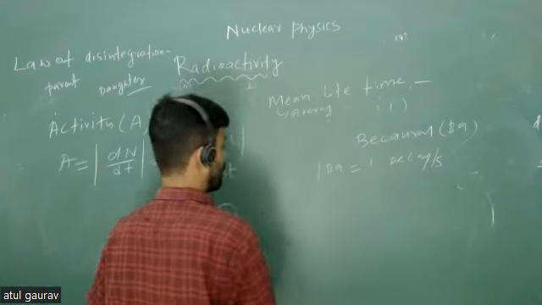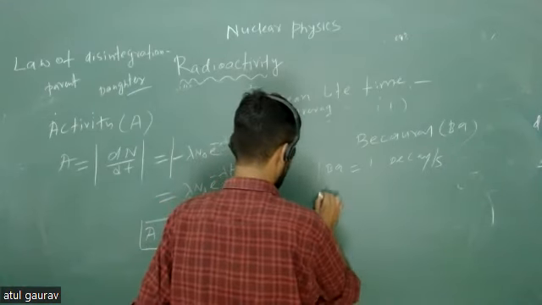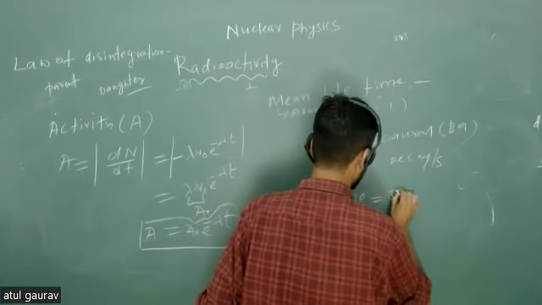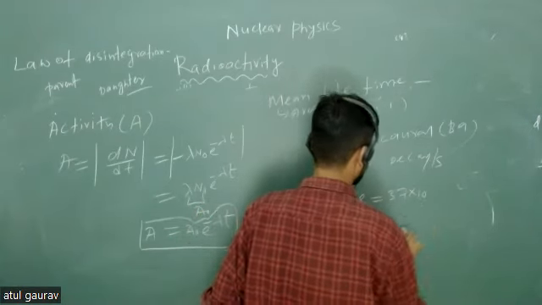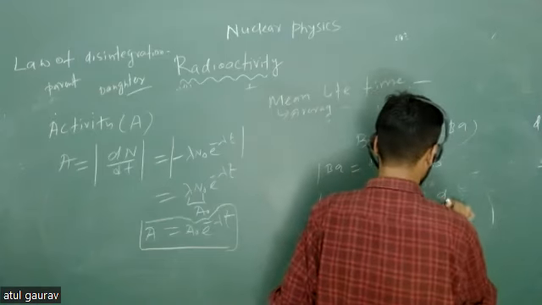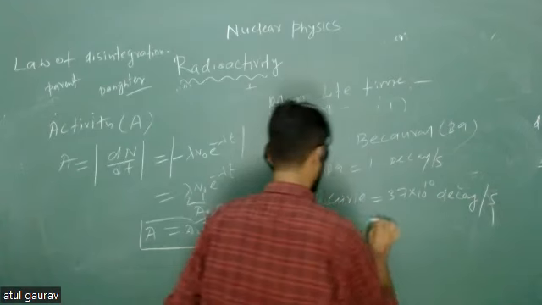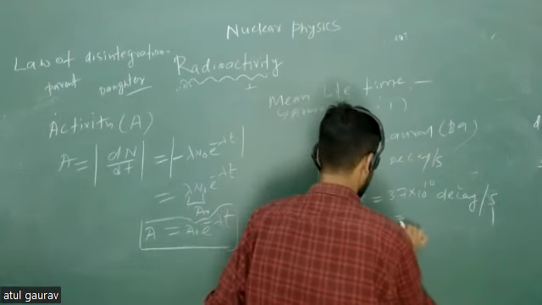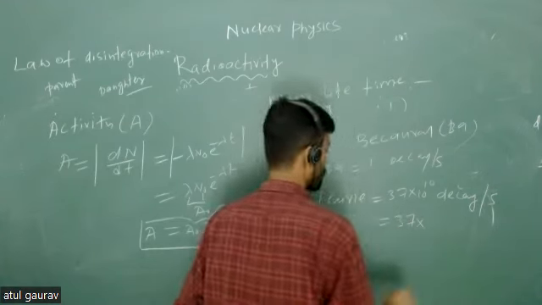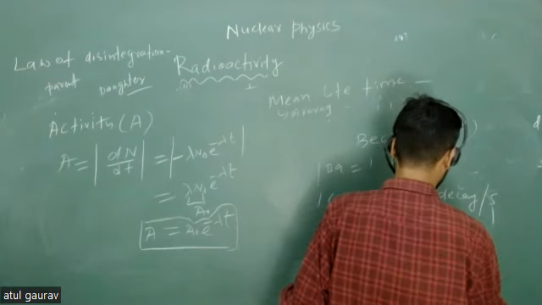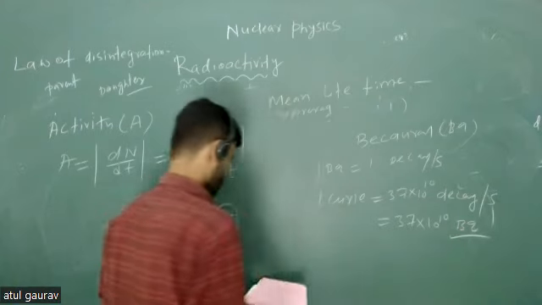Also it is measured in Curie. And 1 Curie equals how much? 3.7 into 10 to the power 10 decays per second. This will be helpful when I solve that problem. So 1 Curie equals 3.7 into 10 to the power 10 becquerel.